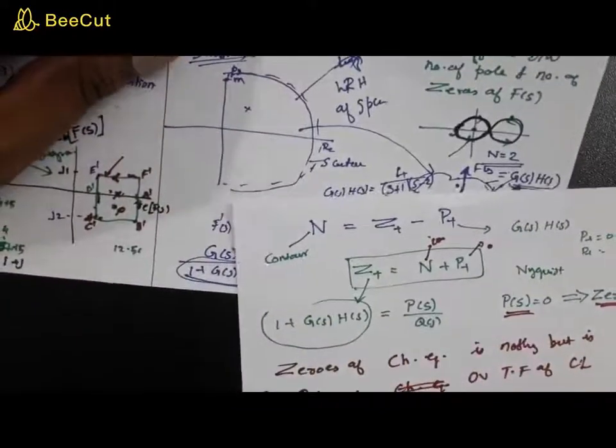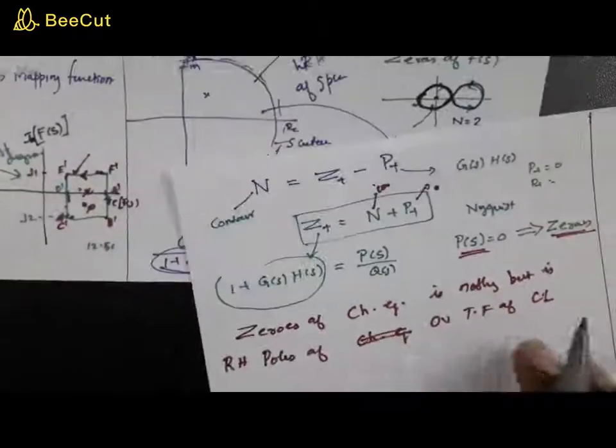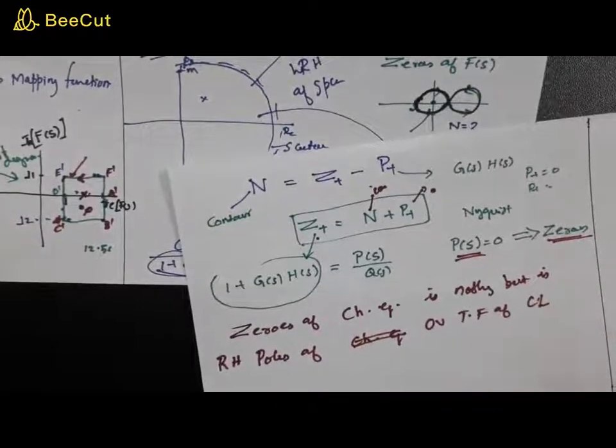That is what is called the principle of argument. Using that, the Nyquist criterion says that using this expression you can find the right half poles of a closed loop transfer function, which actually cause the instability of the system.